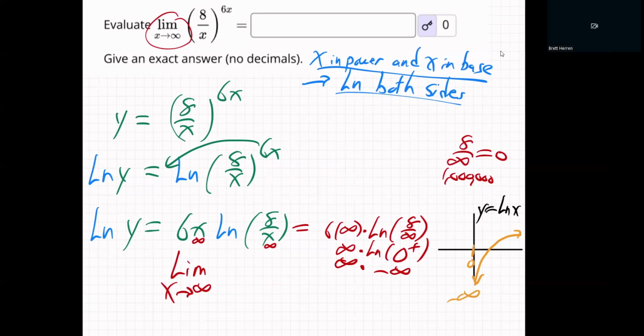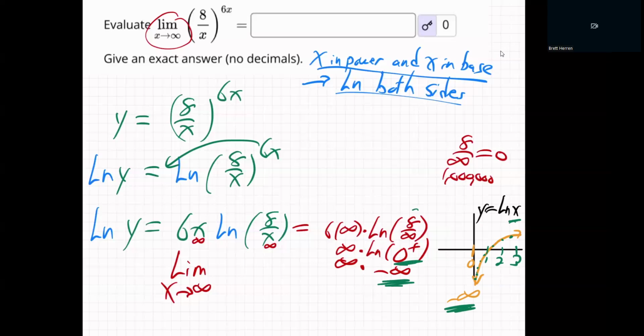So in other words, if you're walking along the x-axis and you're over here at like 3, and then you walk it back to 2, and you walk it back to 1, and then you're getting closer and closer to 0, where are you going? As x gets closer and closer to 0, the y value, natural log, goes down to negative infinity. That's why this is negative infinity, as you get close to 0 from the right.